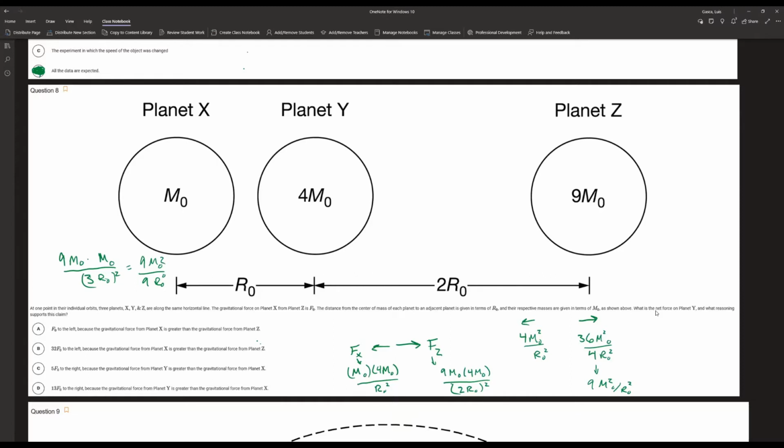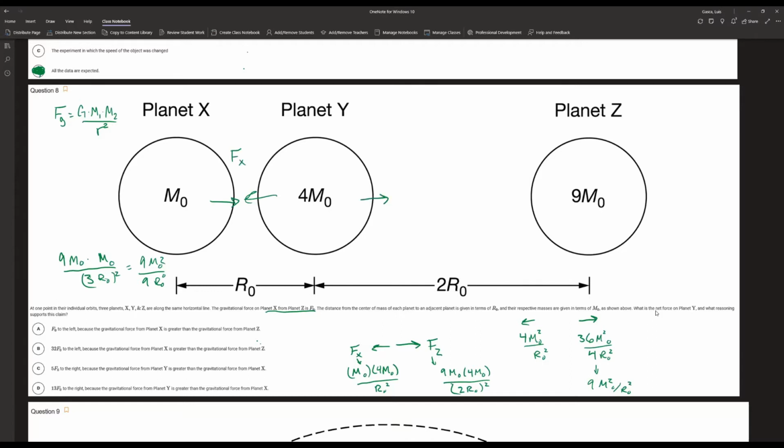So the first thing is they tell us that the gravitational force on planet X is written as F0. So when we go ahead and do Newton's law of gravitation, we've learned that that's some big constant, mass 1 times mass 2, all over the distance between them squared. And so in a 3-body problem, we have to do 2 calculations. There's a gravitational force between these two of some magnitude, which I'm calling Fx.